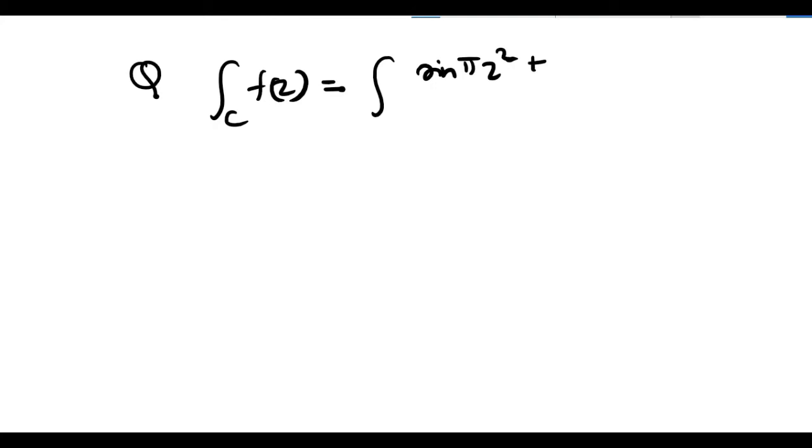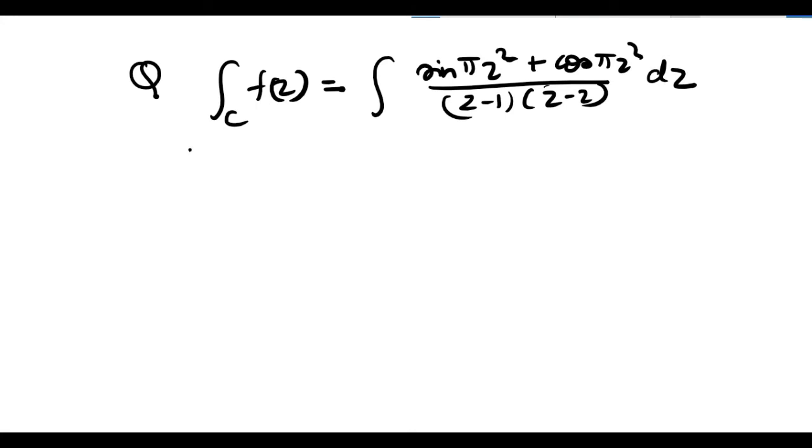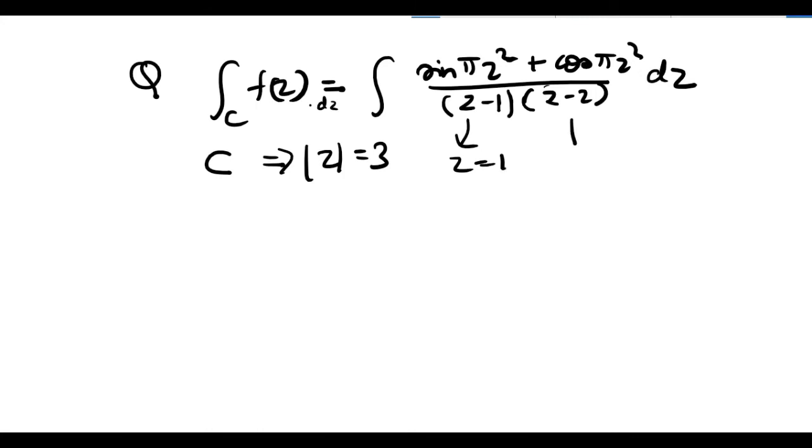Okay, so let us take another example where you have to evaluate this function (sin pi z squared plus cos pi z squared) upon (z minus 1) into (z minus 2) dz, where C is the circle |z| = 3. Now we know that z is equal to 1 and z is equal to 2 both lie inside this circle.